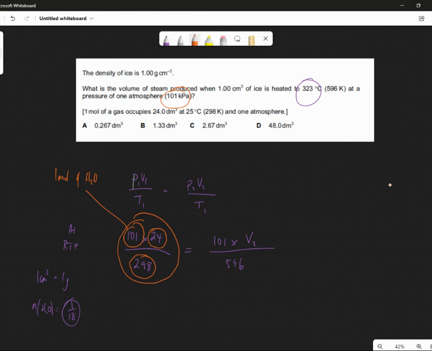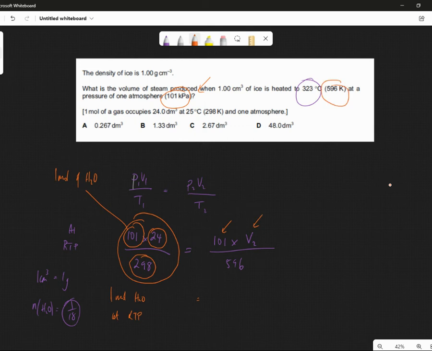Okay, so this is all 1 mole of water at RTP. That equals, well, the pressure doesn't change, so it's 101, times the new volume divided by 596, the new temperature.